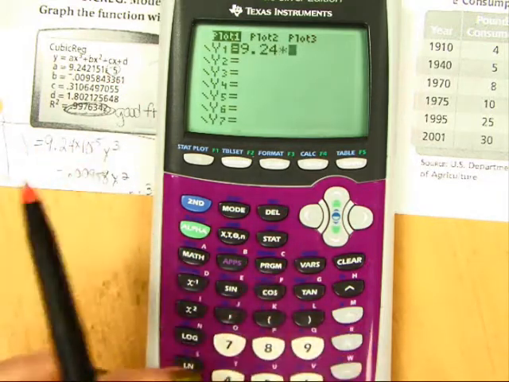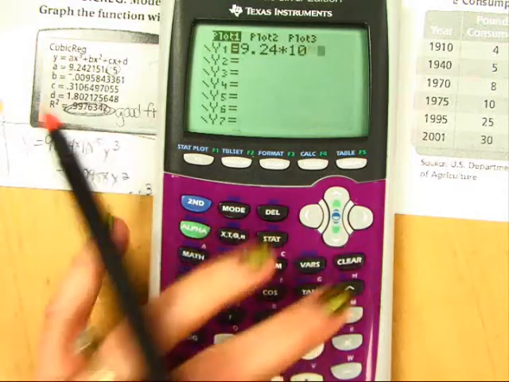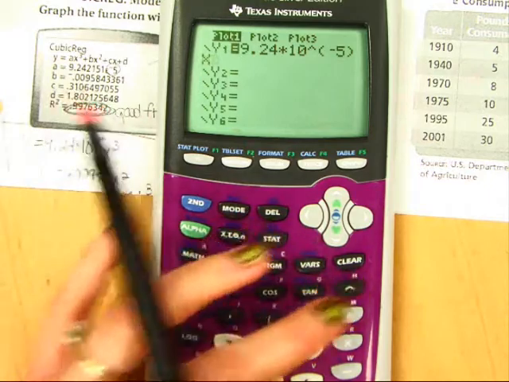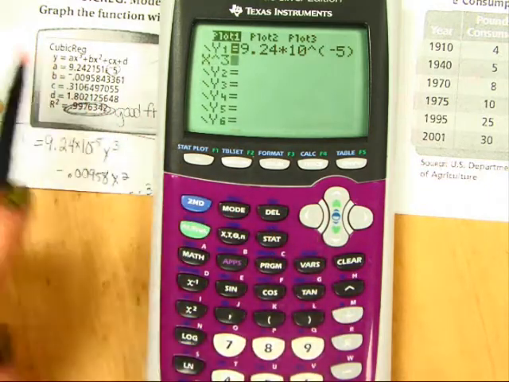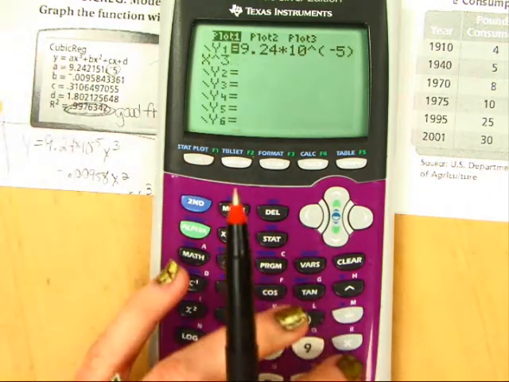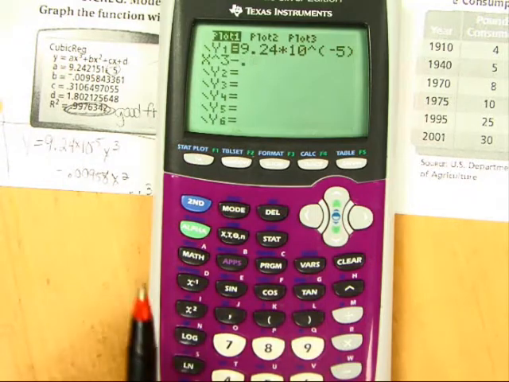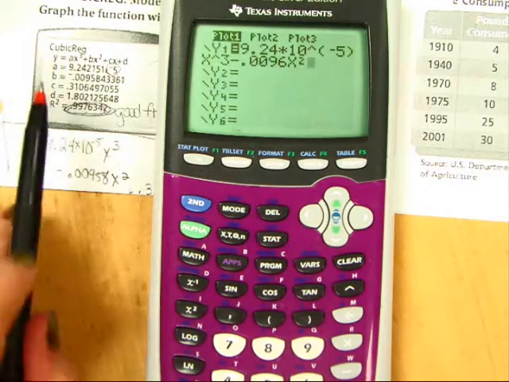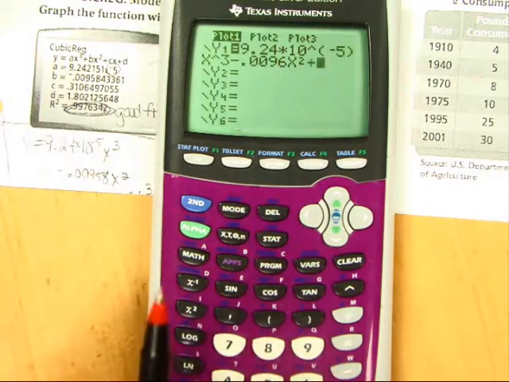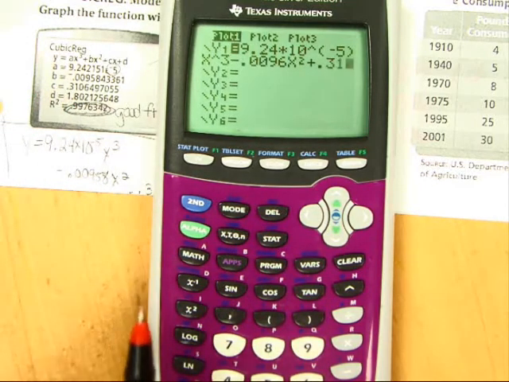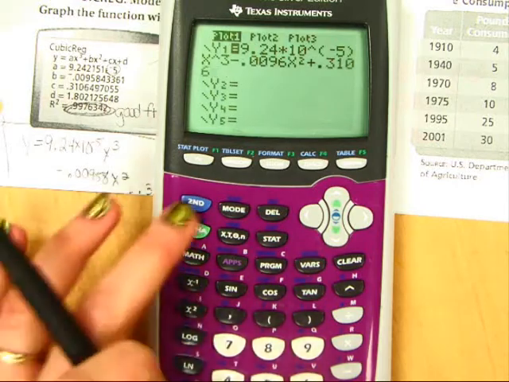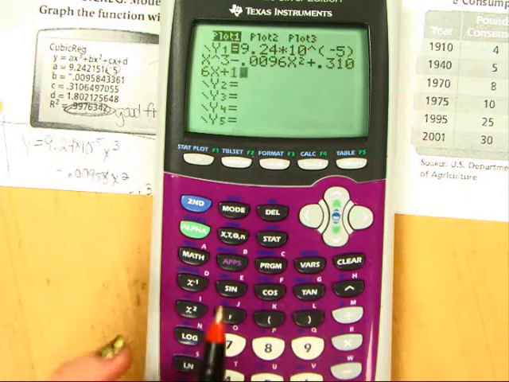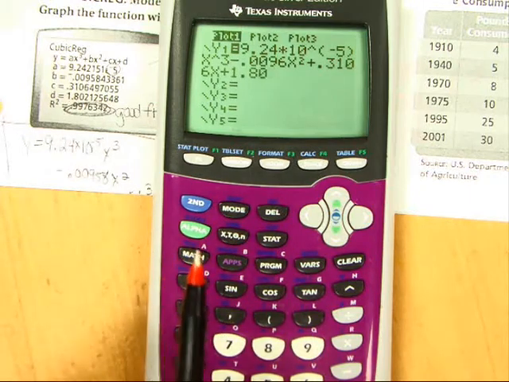9.24 times 10 to the negative 5th power, and that is with x cubed. And then you have to do minus b, so minus 0.0096 x squared, and then c plus 0.3106 x, and then d plus 1.802.